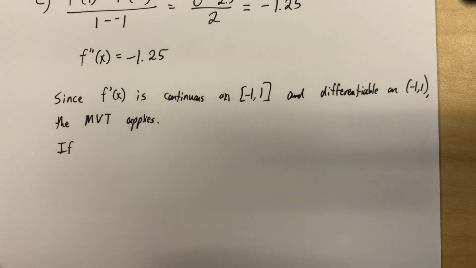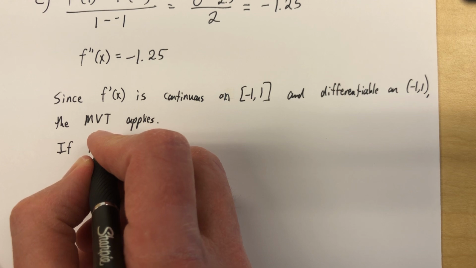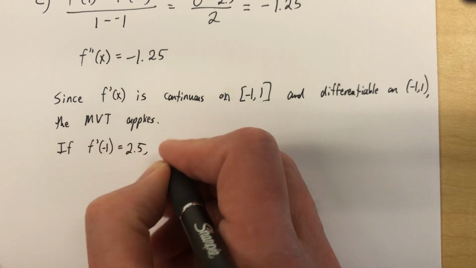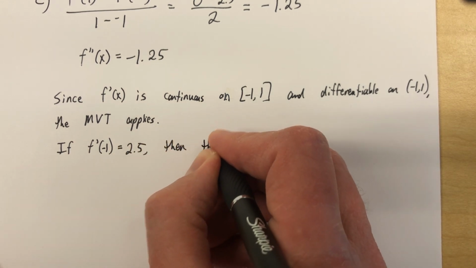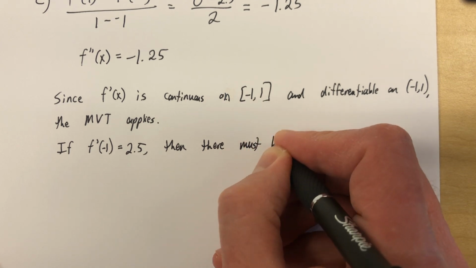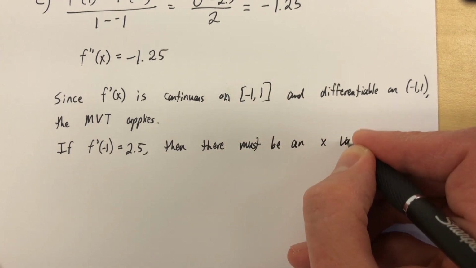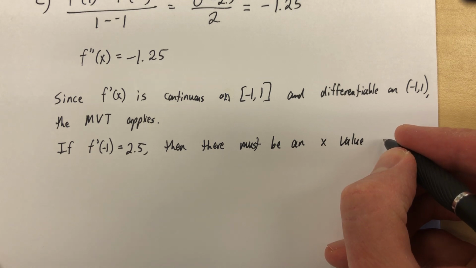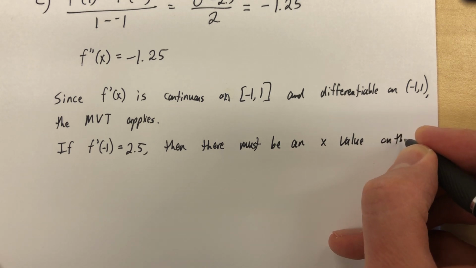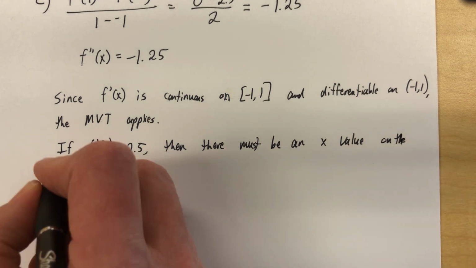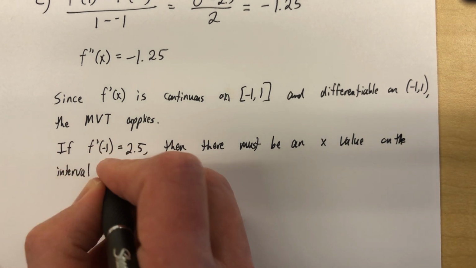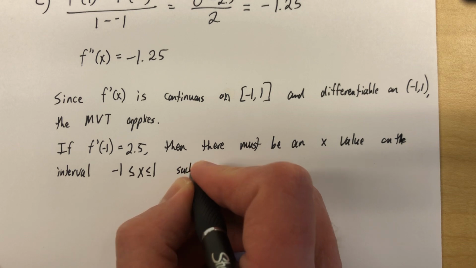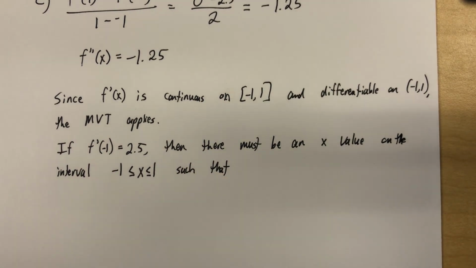So if f prime of negative 1 was equal to 2.5, then there must be an x value in the interval from negative 1 to 1, such that, okay, let's stop, pause for just a second.